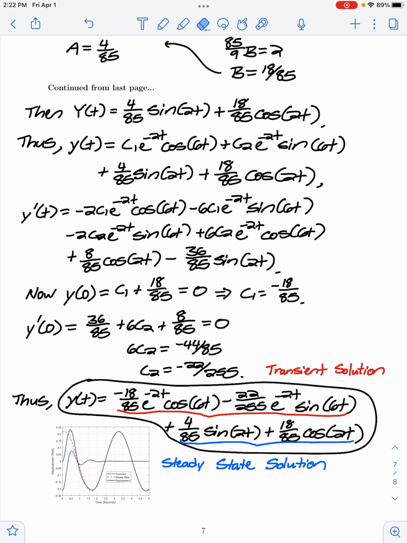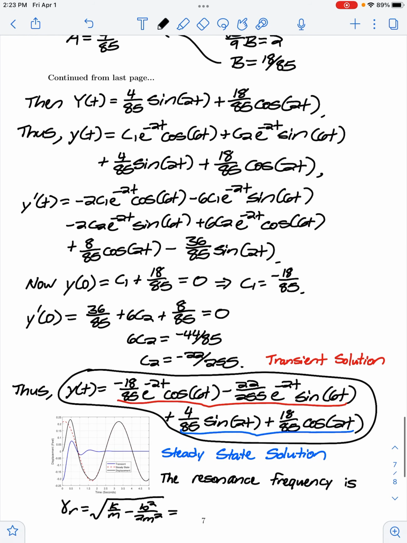So here, let me say the resonance frequency is given by what we call gamma R, and it was given by the square root of k over m minus b squared over 2m squared.